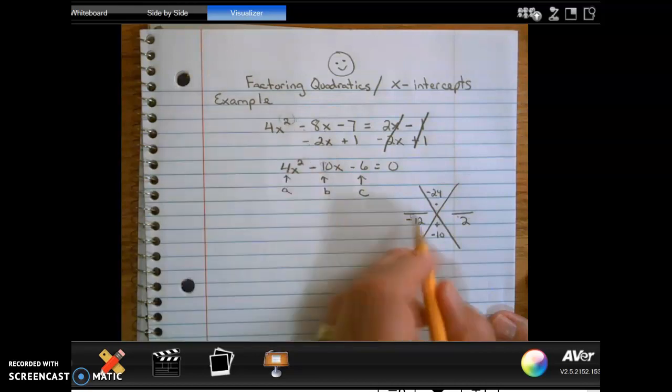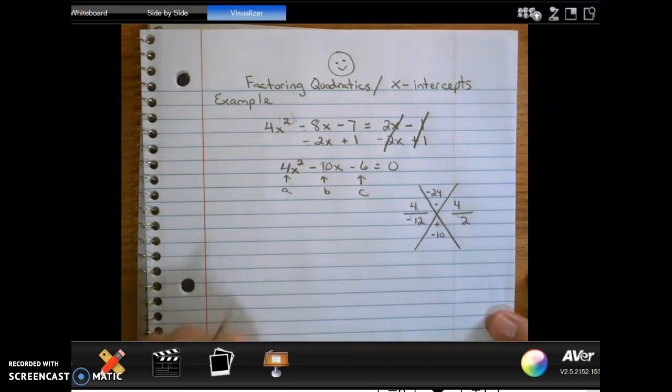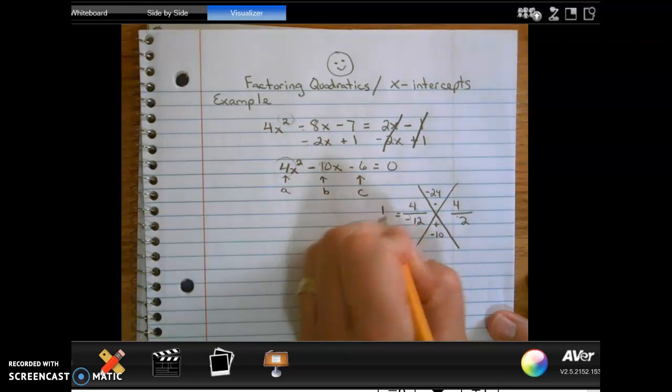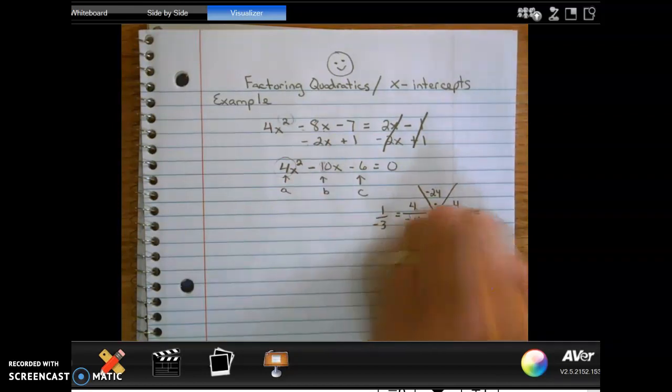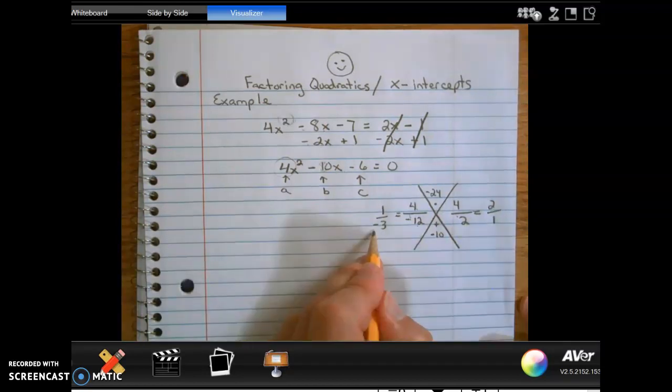Thanks. All right, so we're going to put our a value on top. And that's a 4. We're going to reduce our fractions. Perfect. And now we're ready to write our factors.